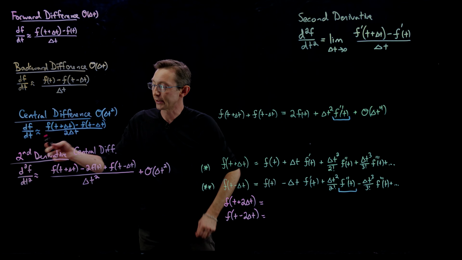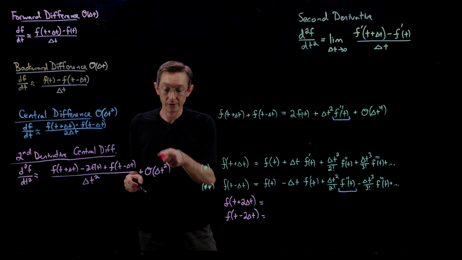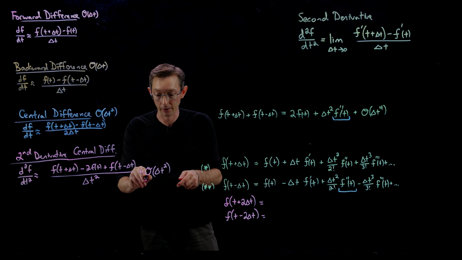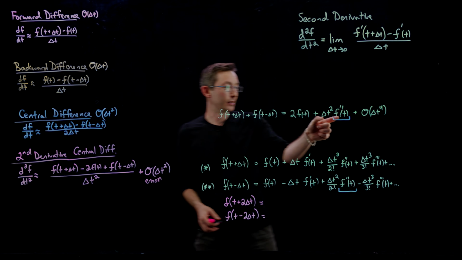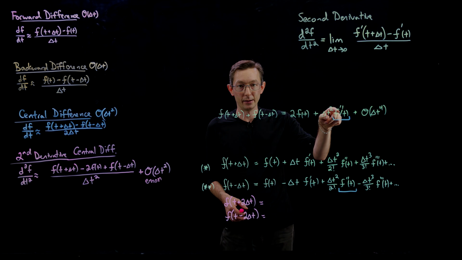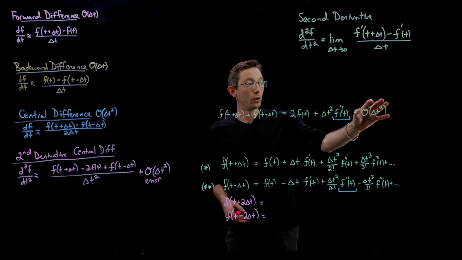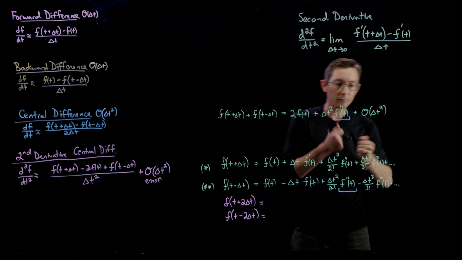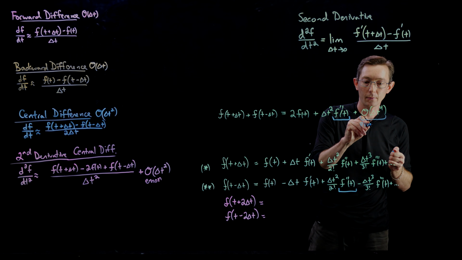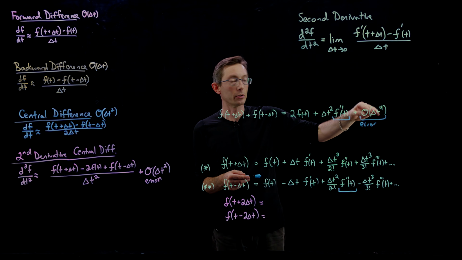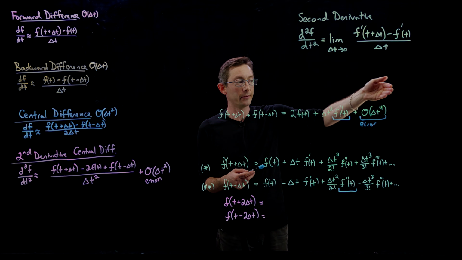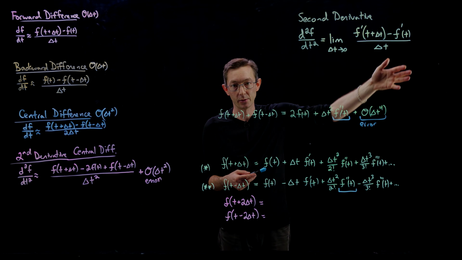The central difference second derivative approximation gives order delta t squared error. So the thing I want is f double prime of t, and then all of this is the error term. And so when I divide by my delta t squared, this error term becomes order delta t squared. Delta t to the fourth divided by delta t squared is delta t squared.